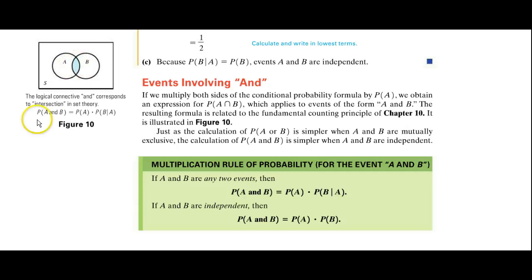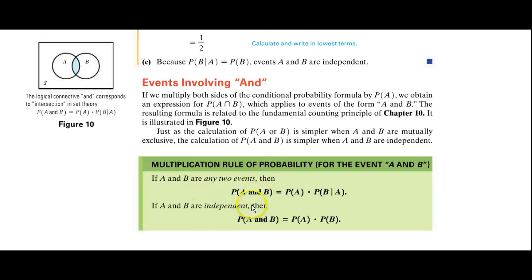So we describe this perhaps as the probability of A and B, and again the word "and" indicating intersection can be described as the probability of A times, that is the product of, the probability of B given A. And this is what they describe here.